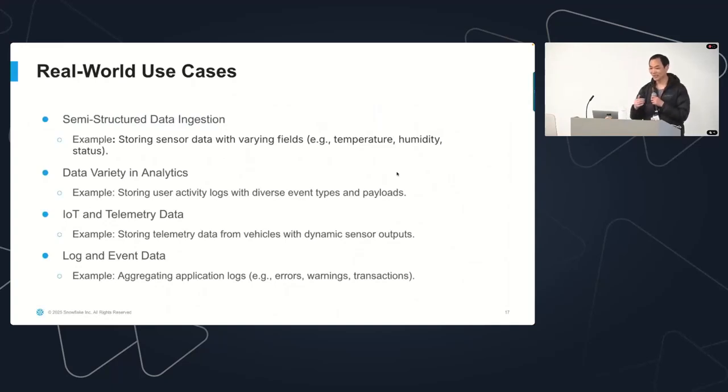Here are some real world use cases. One is probably data ingestion. If you want to ingest sensor data or something with a unique schema, then probably you can use a table to handle that.